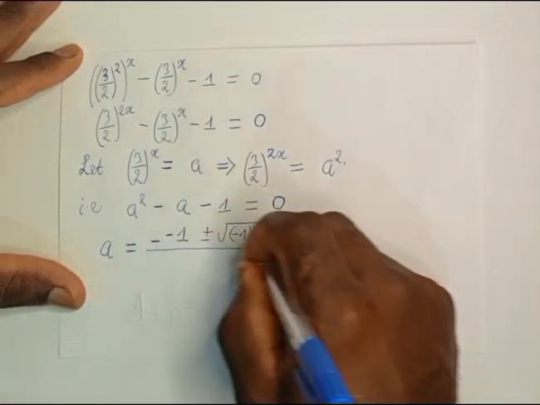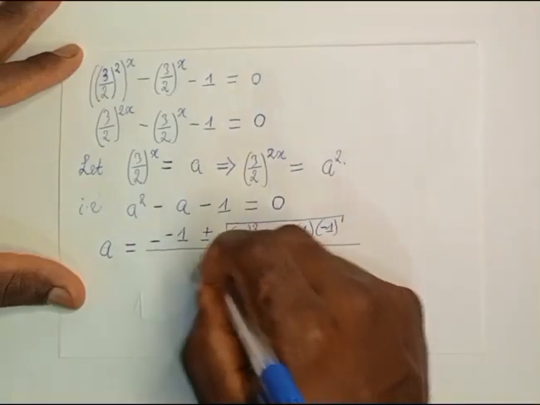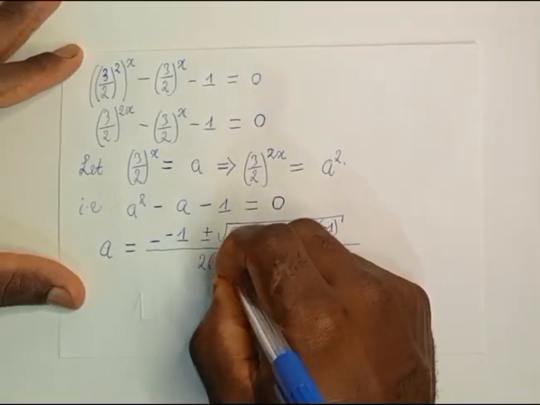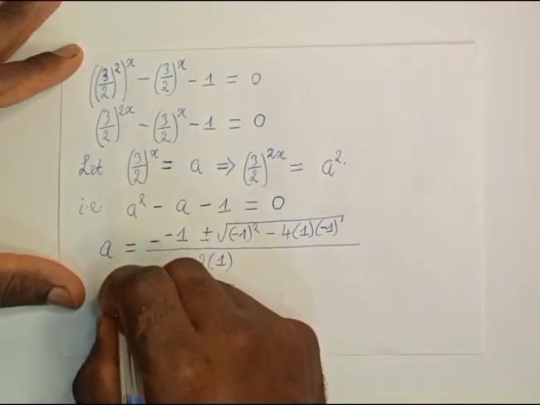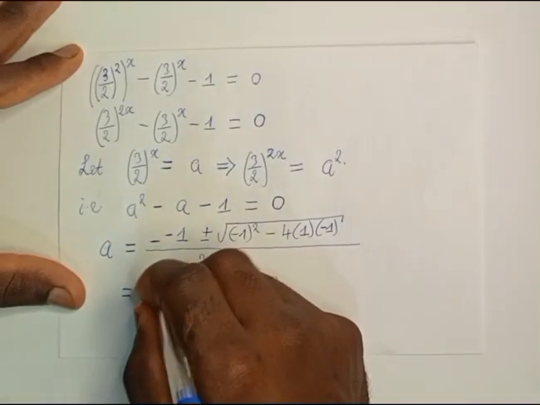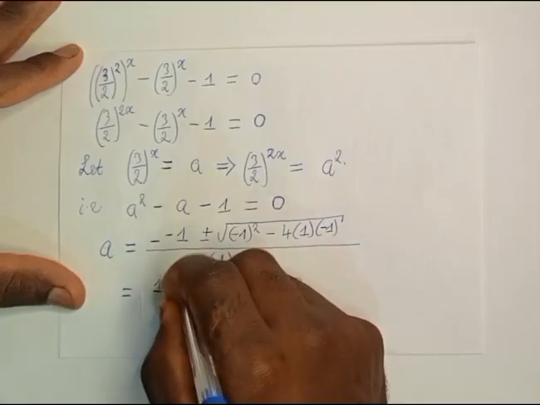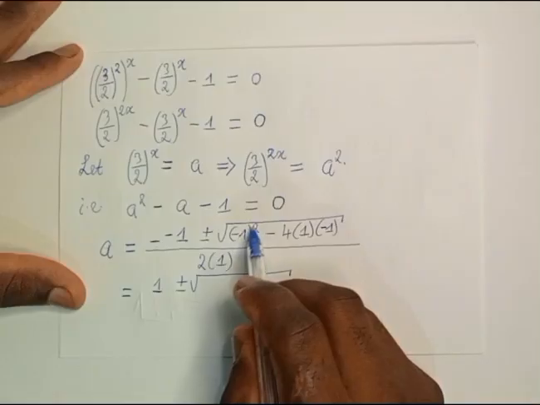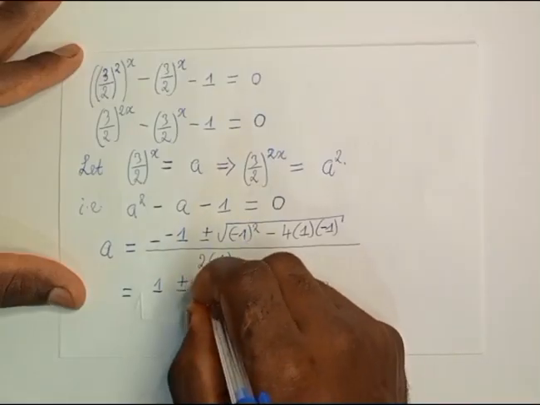We divide all this by 2 times the coefficient of e squared, which is 1. This will simply be equal to -1 times -1 gives us +1, plus or minus the square root of -1 squared gives us 1.